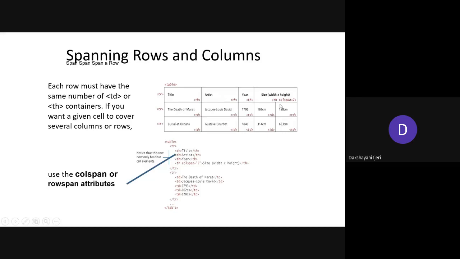So this entire first row has been created. Once you have used the row span or column span in a particular row, you do not need to repeat it for the next. If you repeat it, everything will be merged over here.